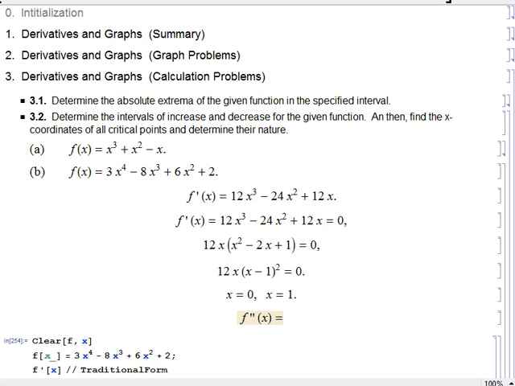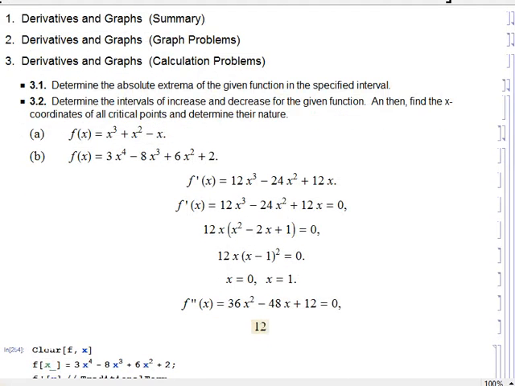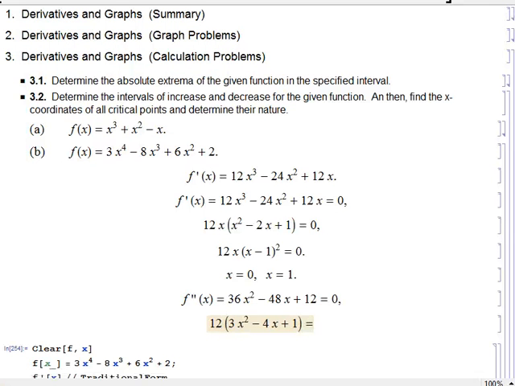So that's 36x squared minus 48x plus 12, and set it equal to 0, and what do I get? Pulling 12 out, I have 3x squared minus 4x plus 1 equal to 0.